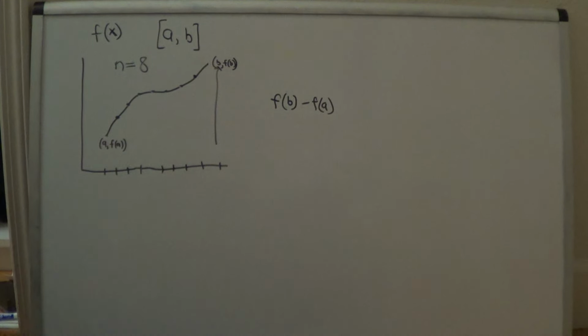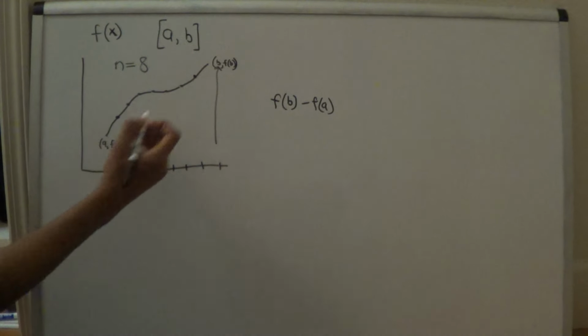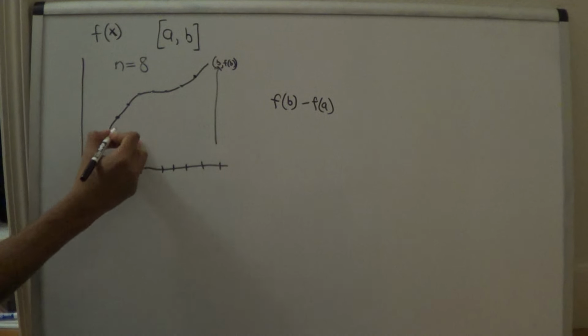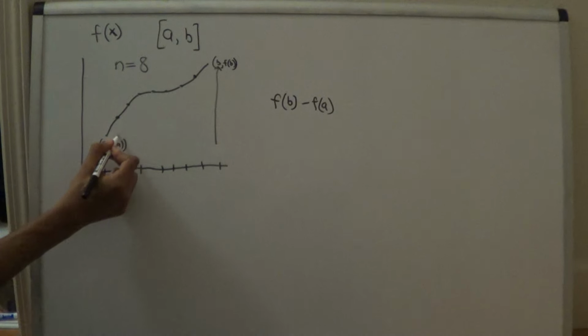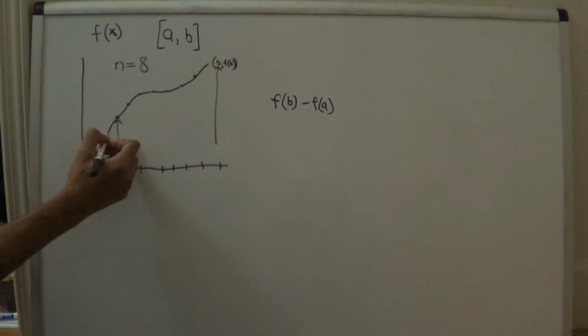One thing that popped out to me is that if we look at the vertical changes from each of these consecutive points, the vertical change from this point to this point, if I represent it with an arrow, is the difference between these two y-coordinates.